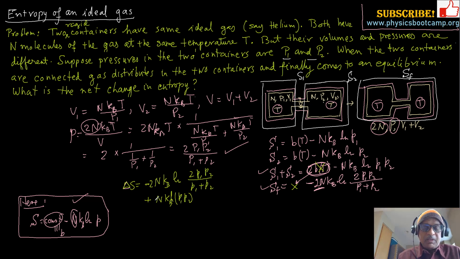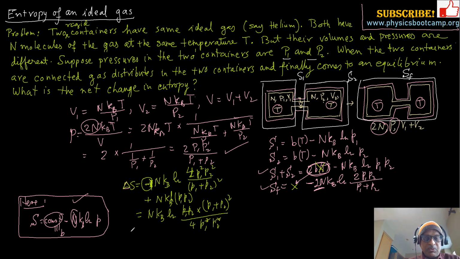So if I take this 2 out of here, we can make it 4, this is squared and this is squared, and combine them together, so N k_B log, and this is P1 P2, and this will invert, P1 plus P2 is squared because this is a minus, so it's going to invert, 4 P1 squared P2 squared, and then we can cancel this, and so this should be equal to N k_B log of P1 plus P2 squared over 4 P1 P2.